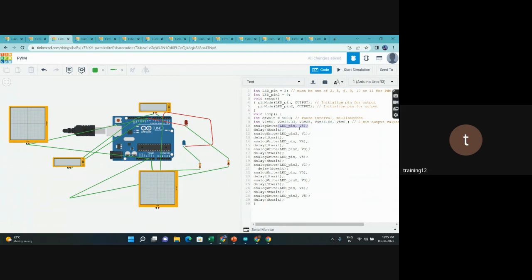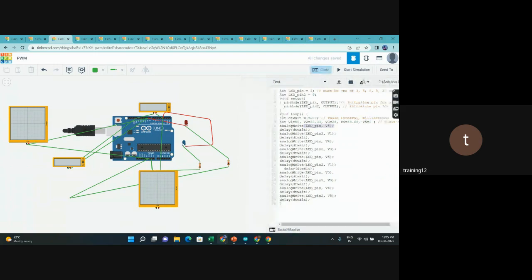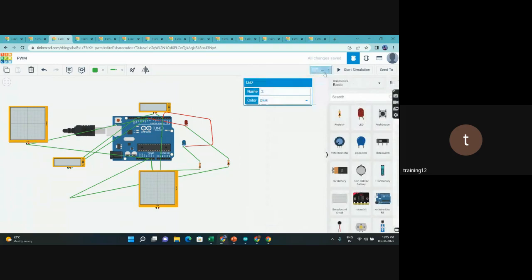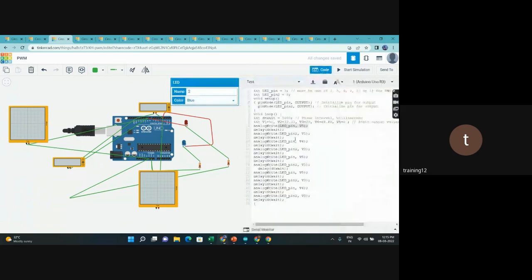Then for LED pin 2, the duty cycle is 50, which is the high duty cycle.